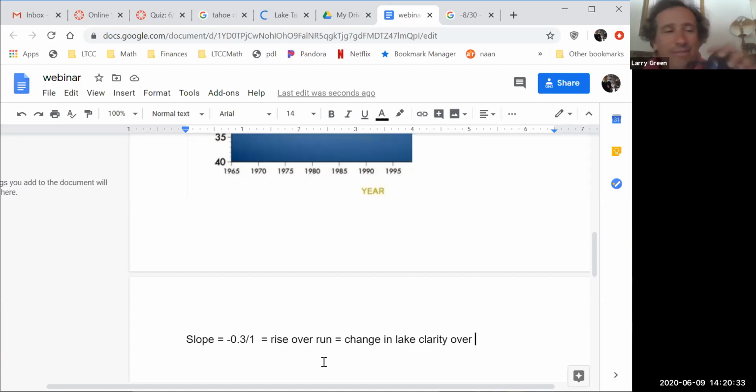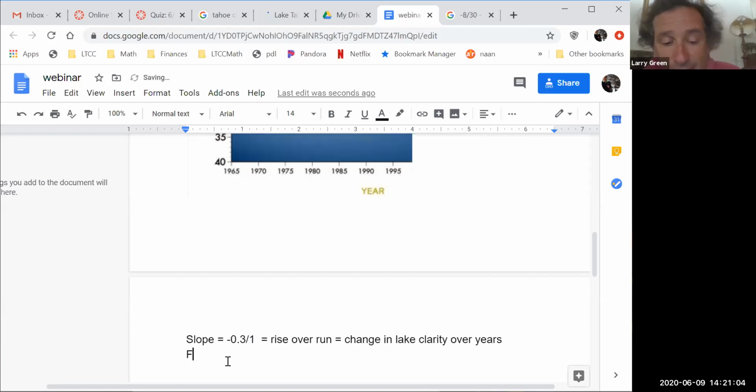What is a run? Yeah, over years. So now we can say that we're changing in lake clarity by -0.3 meters. So that's down 3 meters, or a loss of 3 meters of lake clarity. And we're changing in years by 1.